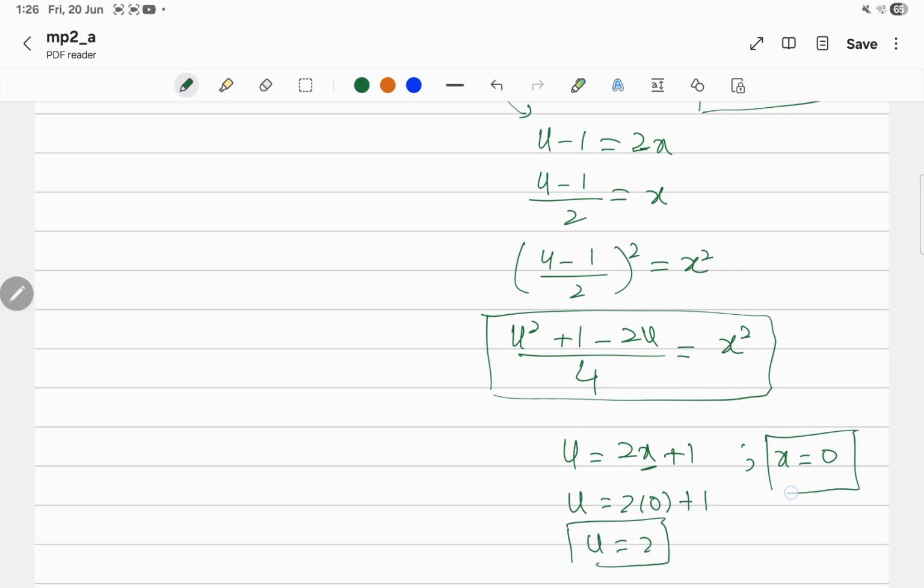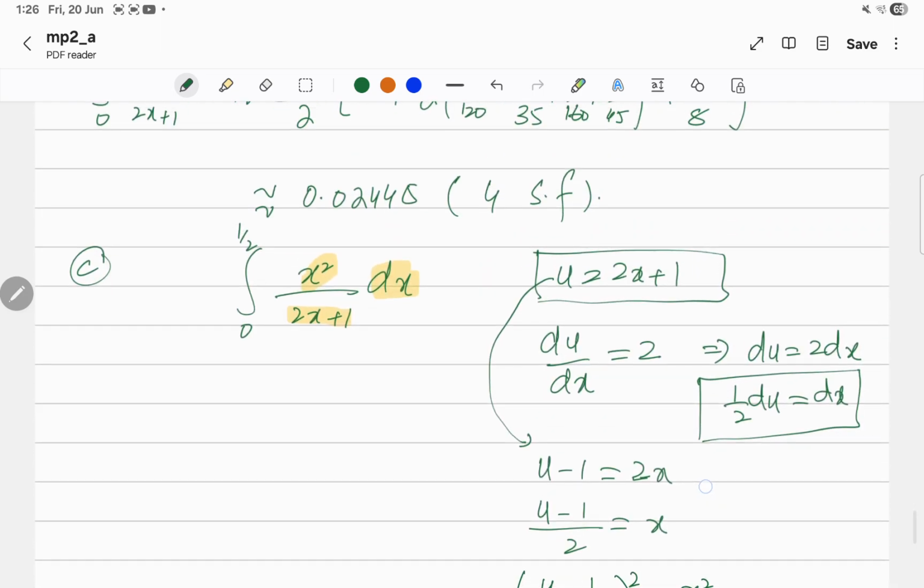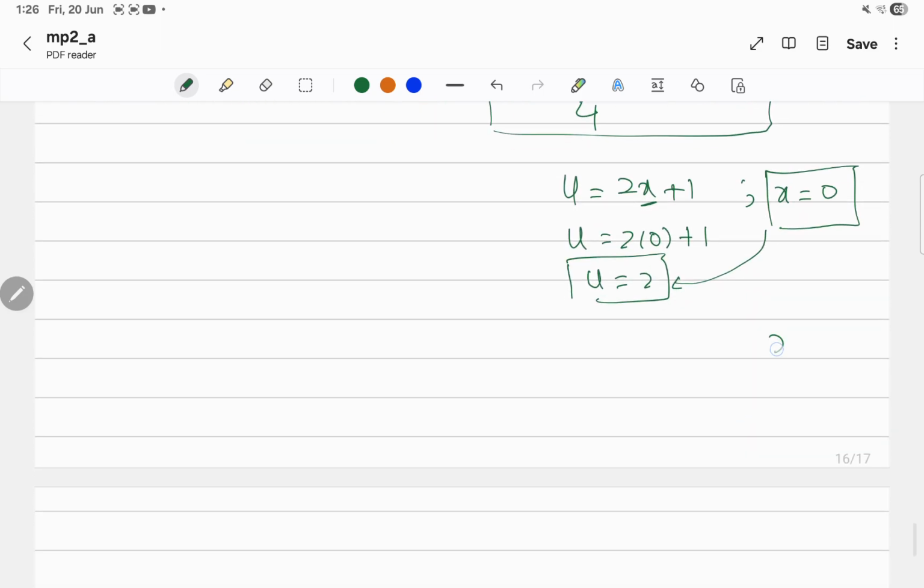So when x is 0, u is 2. Now the other limit of x is half, so when x is half, you place x with 1 over 2, so 2 times half plus 1, 2 times half is 1, so 1 plus 1 is 2, so u is 2. So when x is half, u is 2.